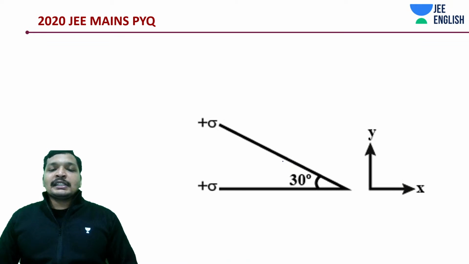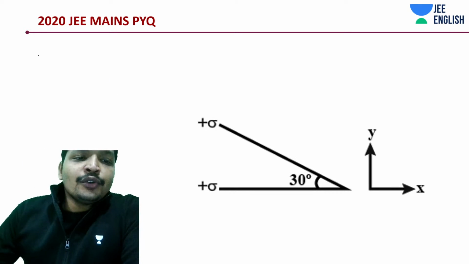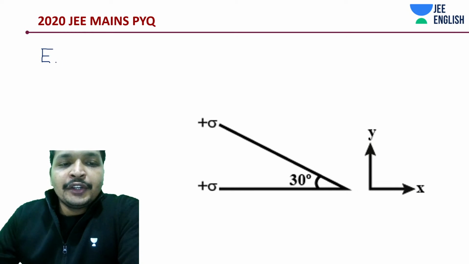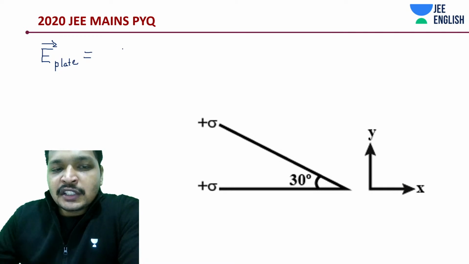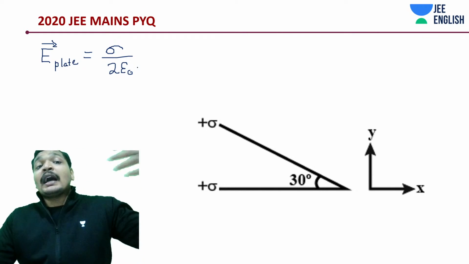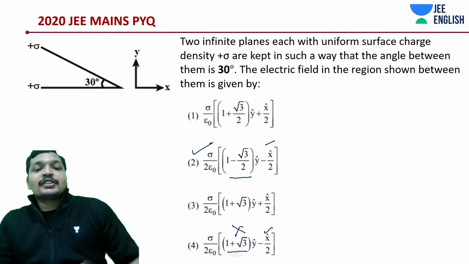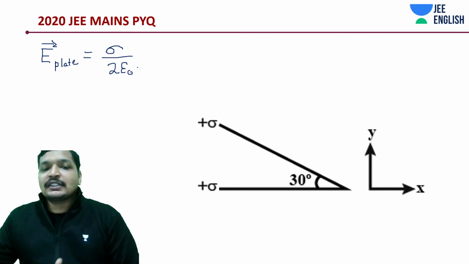Now let's get into the concept. It's really simple. So do remember, students, what is going to be your electric field due to an infinite plate. Anyway, you can substitute the value of sigma accordingly and you will get the field. It's going to be sigma by 2 epsilon naught. So your E would have been sigma by 2 epsilon naught if you understood it from the options. So it's 2 again. That is E that is taken out as common.